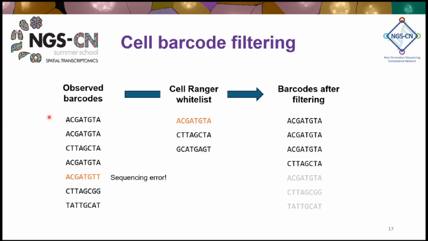Here we have a read where the barcode just differs by the last base, but because of the sequence quality values, we know that it is a sequencing error. Therefore, we can correct this barcode and just include it as the corrected version. And finally, the last 2 barcodes, we don't find them in the whitelist. We cannot correct them, so therefore these reads are discarded.